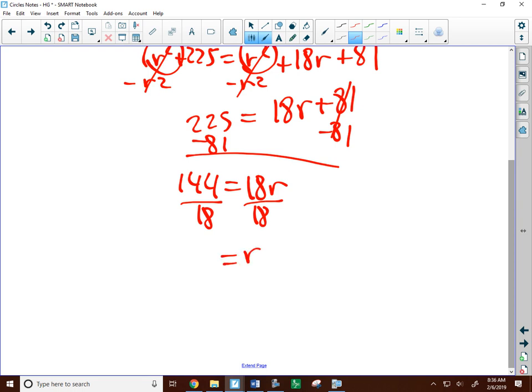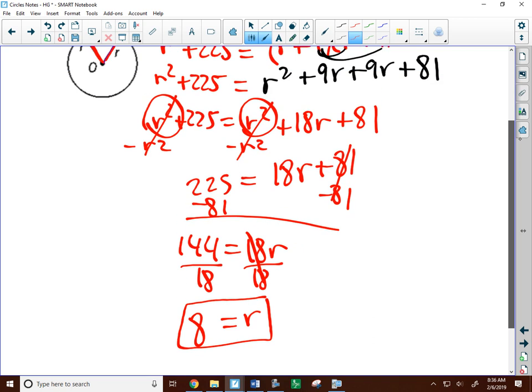Is that right? But 18 times 10 would be 180, and I subtracted 2 of those. 2 times 18 is 36. Now, I think that's it, right? Find the value of r.